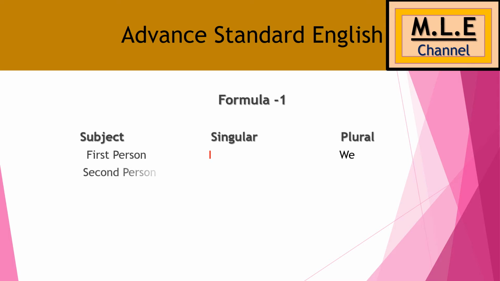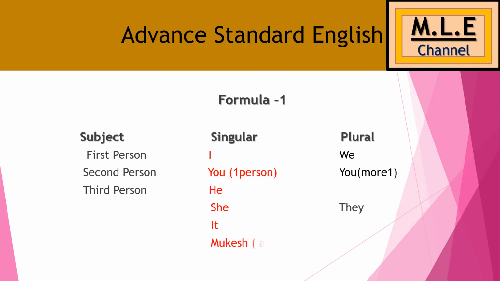Then second person singular: you, one person, and plural: you, more than one person. Then third person singular: he, she, it, and Mukesh, any name, and plural: they.